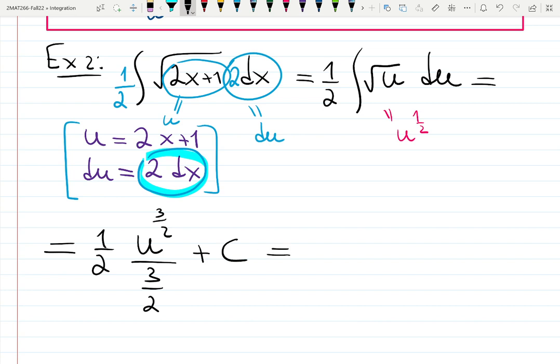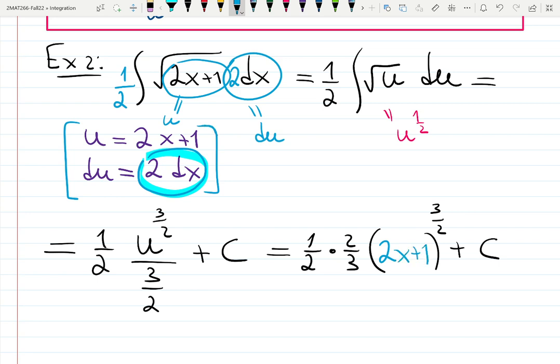Nobody wants to see the answer in terms of u. So we're going to go back to the previous notation. It will be 1/2, let's multiply by 2/3, flipping the fraction, u raised to the 3 halves. Don't forget all of those notations when you're plugging in the original function. u is 2x plus 1.